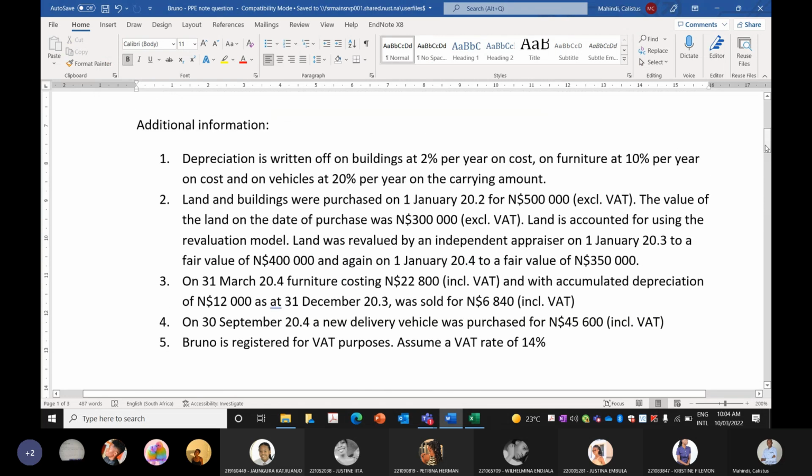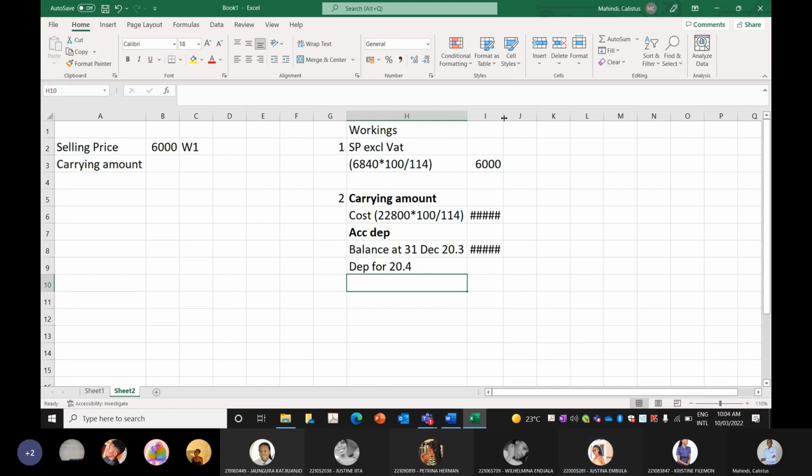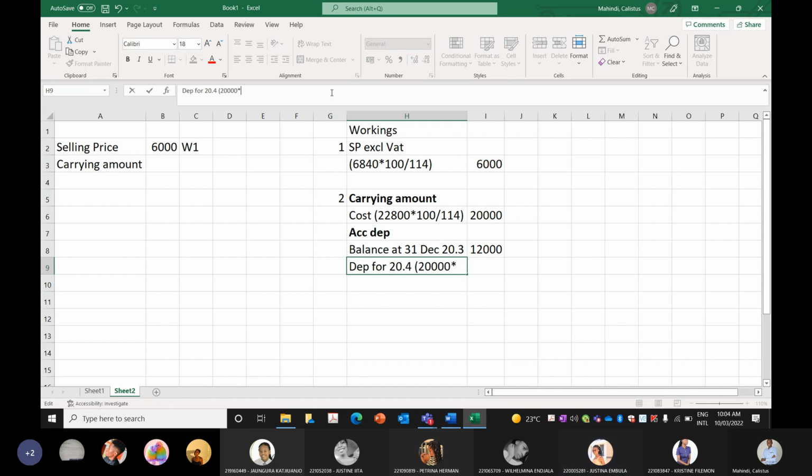It tells us that furniture, we wrote point bullet number 1, furniture is depreciated at 10% per year on cost. So we know that the cost price of the furniture, we've already calculated, was 20,000. So the depreciation for 20.4 would be 20,000 times 10%, that would give us depreciation for the whole year, right?